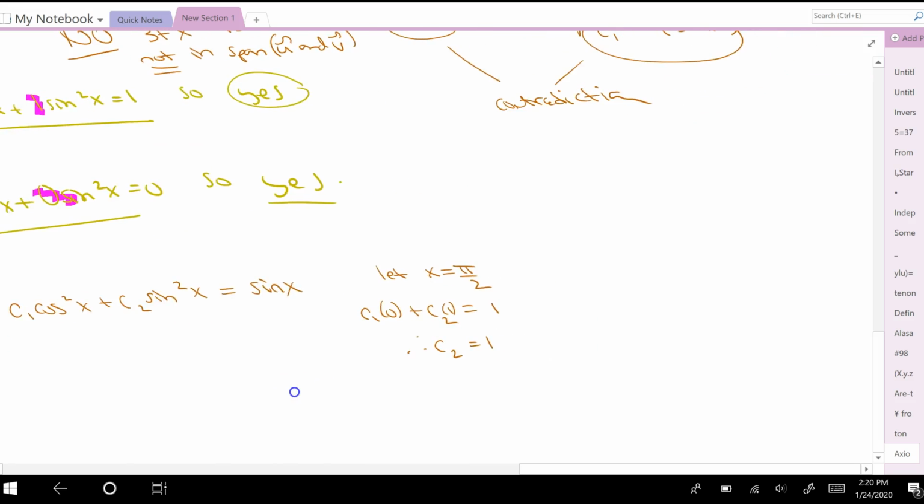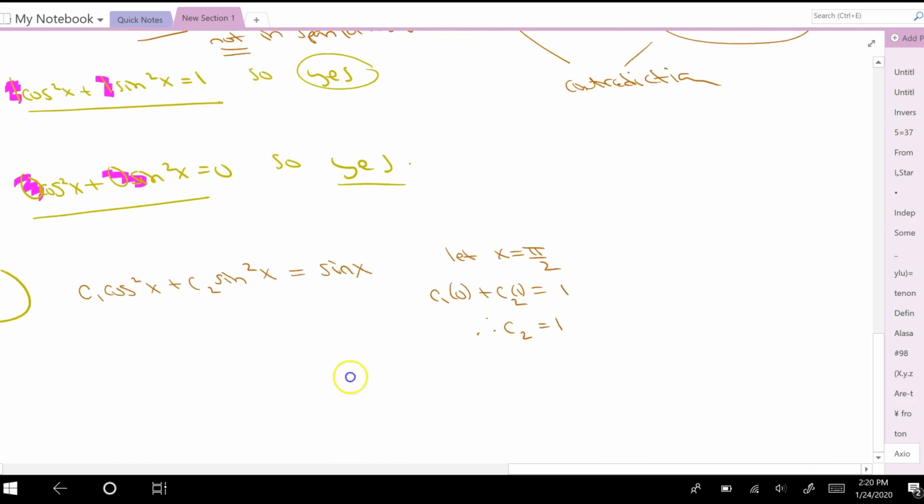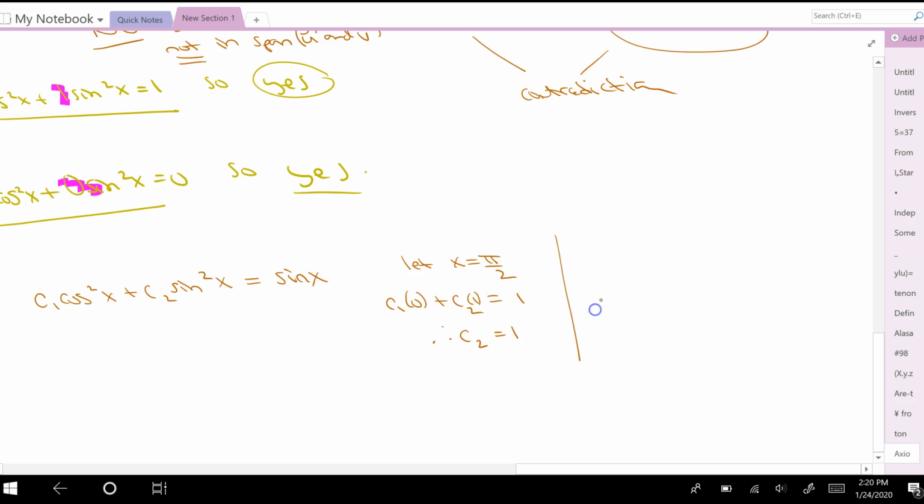And again, I want to try to find a contradiction. Let me show you how I plug in a not helpful value for x. I worry that I talked about that too quickly. My point above is that I chose x equals pi over 2 and x equals 0 in order to find possible values of c1 and c2.